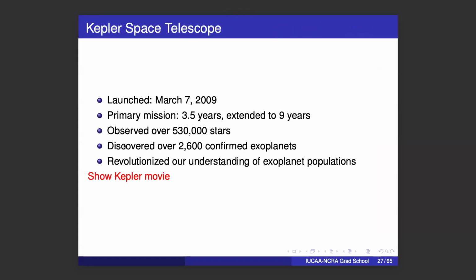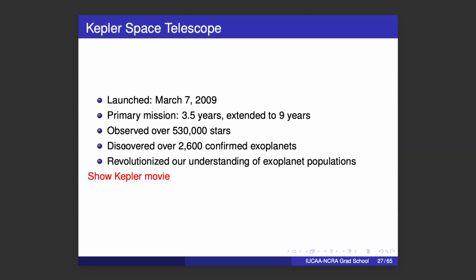Okay. So this uses the technique that you were just talking about, which is to just stare at one part of the sky for a very long time. So it basically pointed in one direction. It observed 530,000 stars, and it discovered 2,600 confirmed exoplanets.